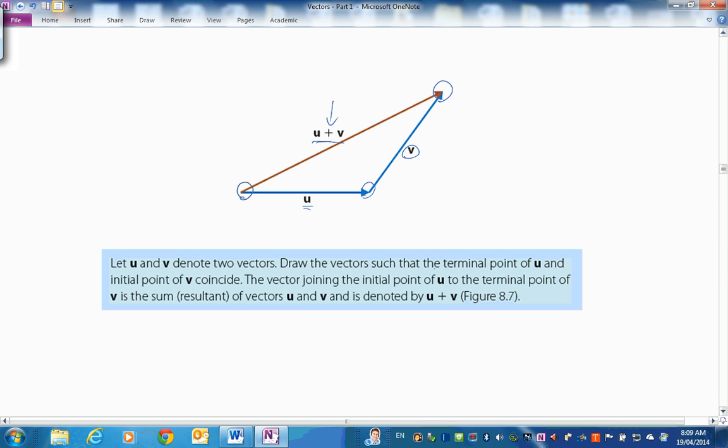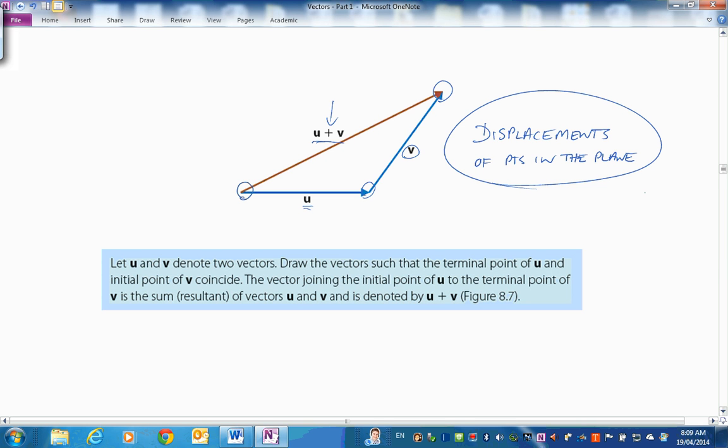So that's U plus V. All centered around thinking about vectors from a geometric point of view as displacements of points in the plane. That's an idea that is going to be powerful in all applications of vectors as we go on to more applied problems.